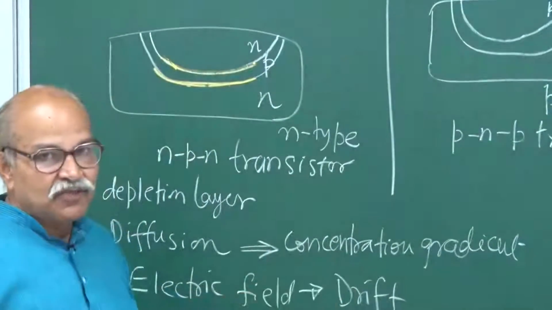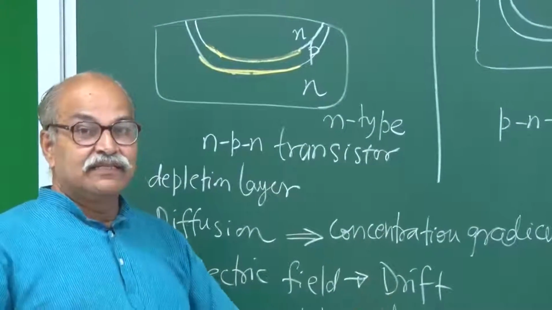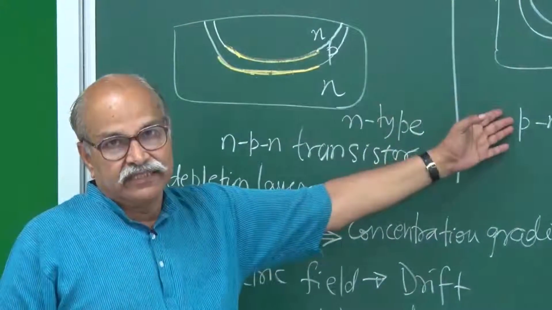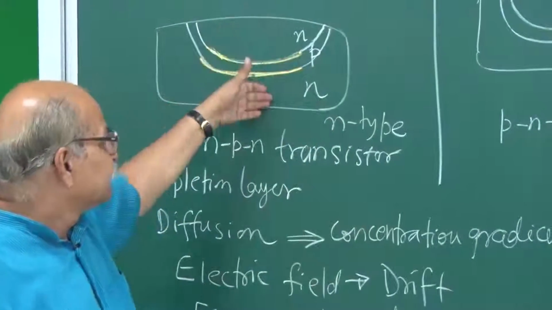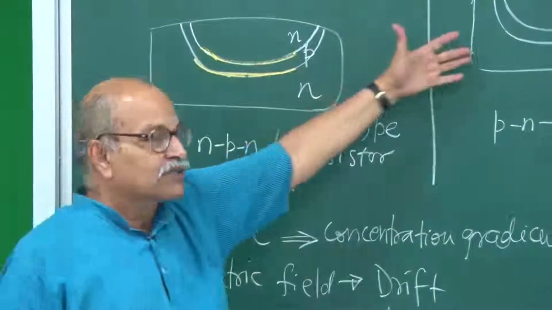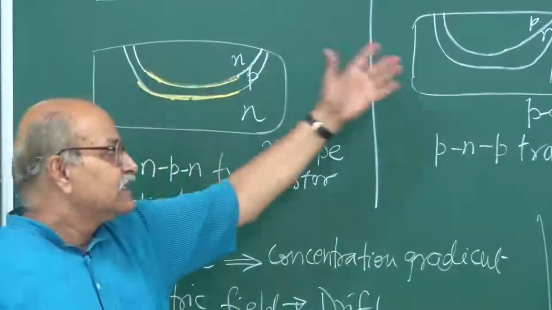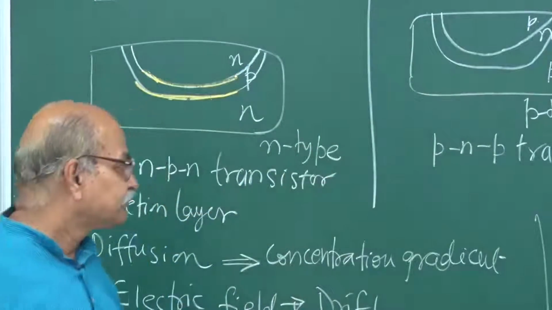And if you talk in terms of majority carrier and minority carrier, the same language can be used for this and for this. But if you use electrons and holes, then of course the language will be different. What you call electron in this case you will be calling holes, and vice versa.